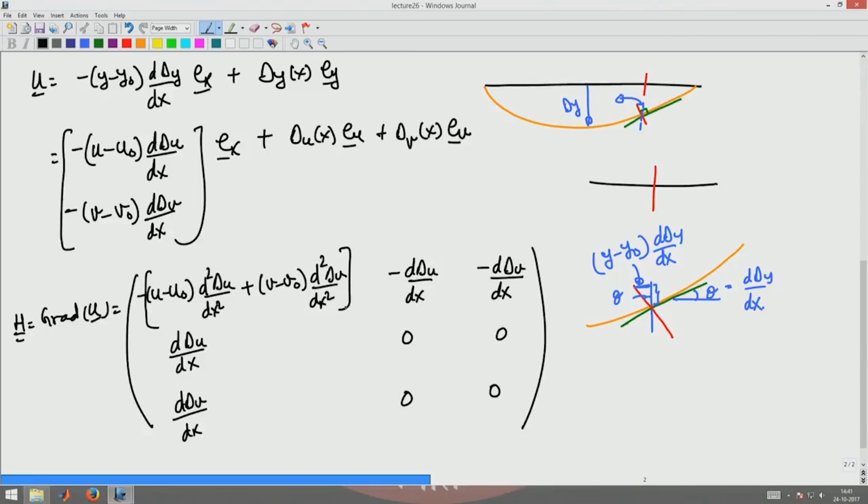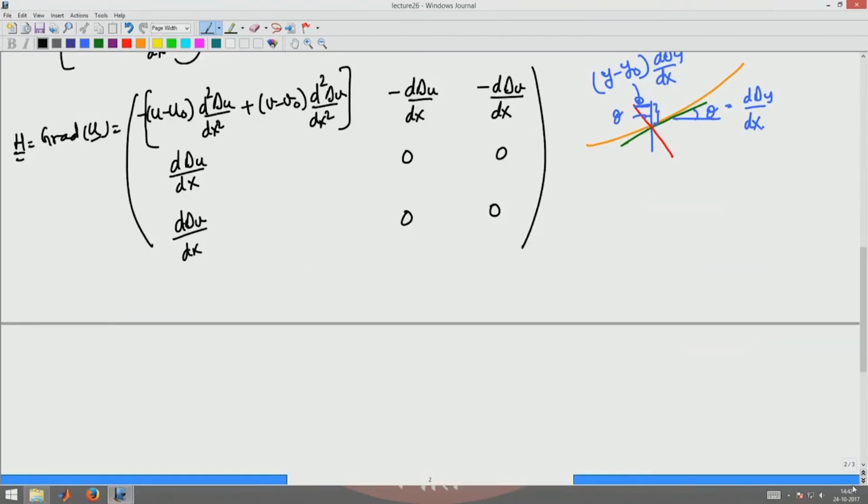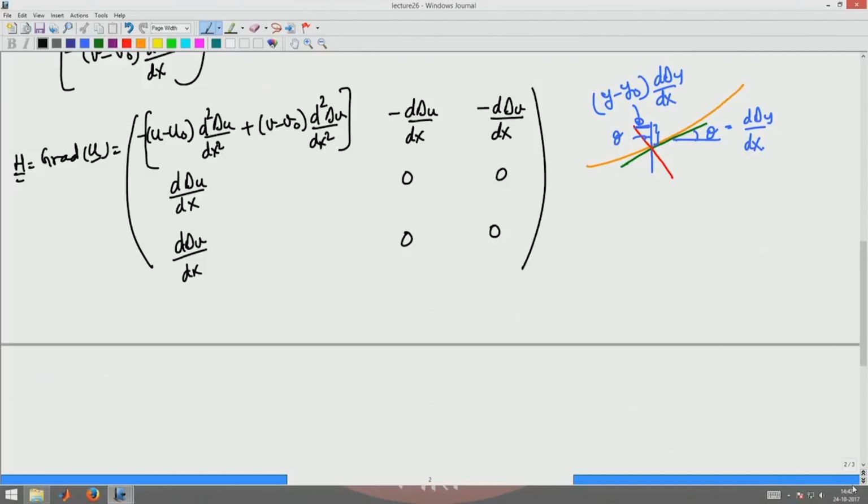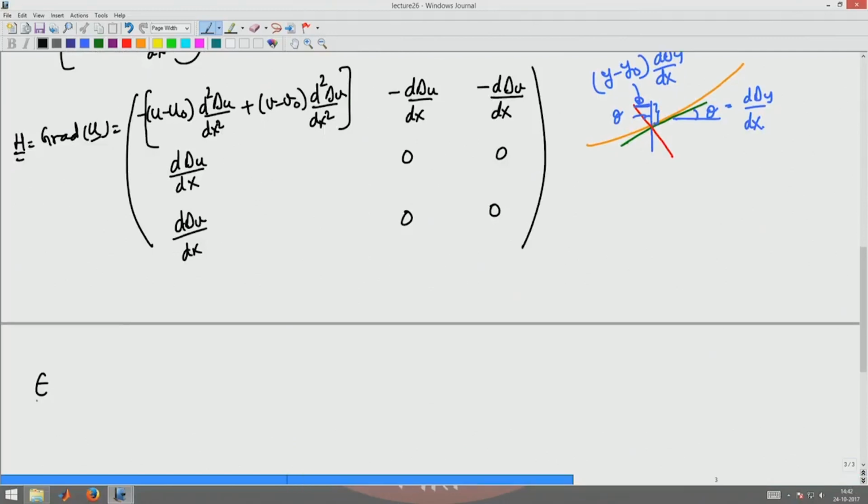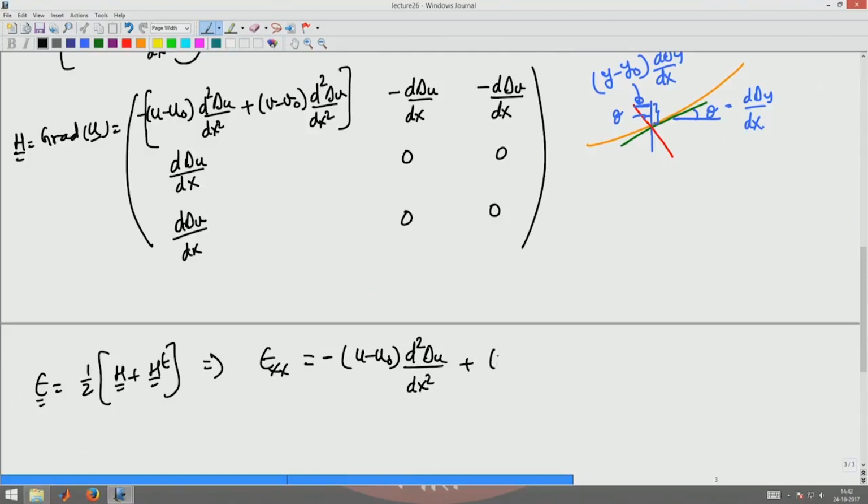Now, I am interested in finding the strain, okay. So, basically now I am interested in finding the strain epsilon, which is 1 half h plus h transpose, that will give me, this will imply that epsilon xx strain alone is non-zero, which will be u minus u naught with a negative sign d square delta u by dx square plus v minus v naught d square delta v by dx square, okay.